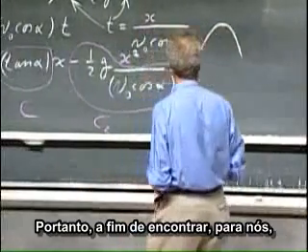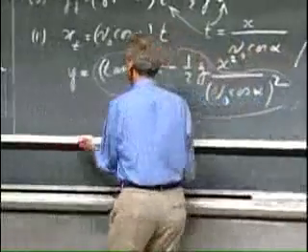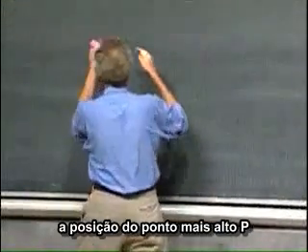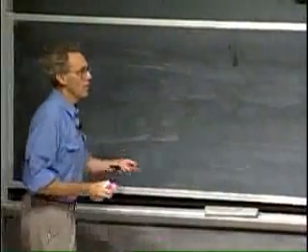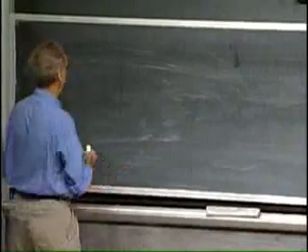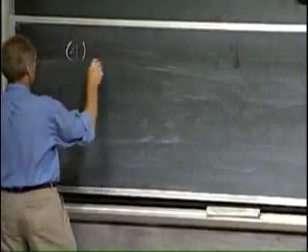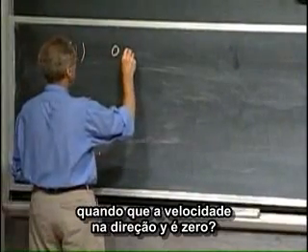So in order to find the position of the highest point P, we first ask ourselves the question from equation number 4: when is the velocity in the y direction 0?